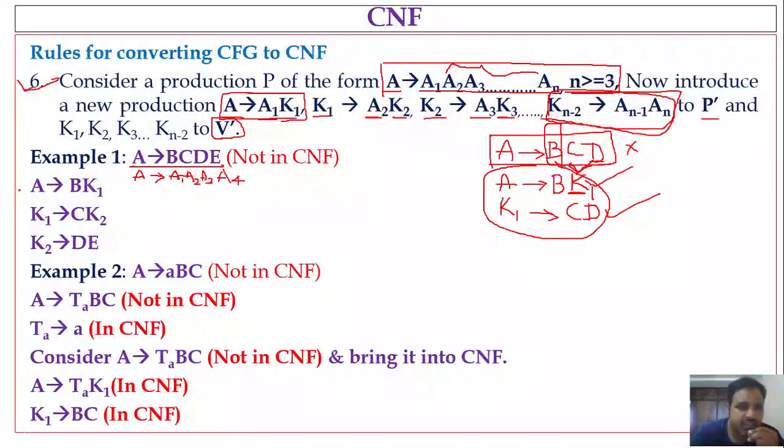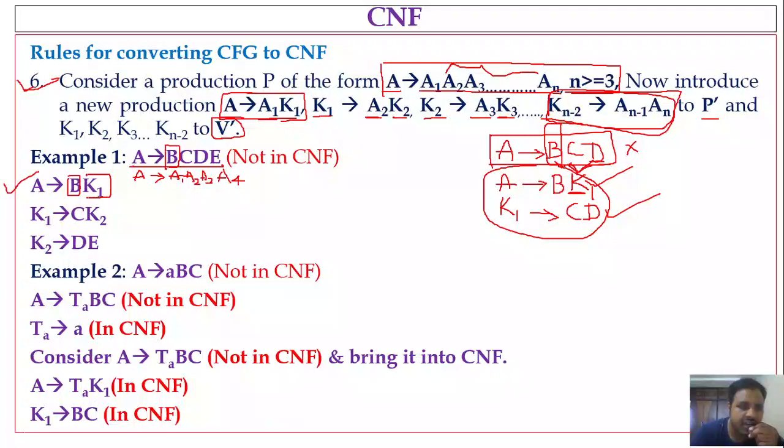First, we write the production rule A denotes A1 K1, right? What is the A1 in the production rule? That is B. So you write that first variable B as it is. Afterwards we have C, D, E, three variables, but only one variable is allowed in the CNF after B. So we will denote the CDE part with a variable K1.